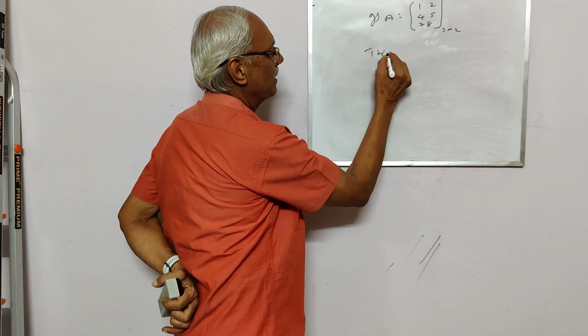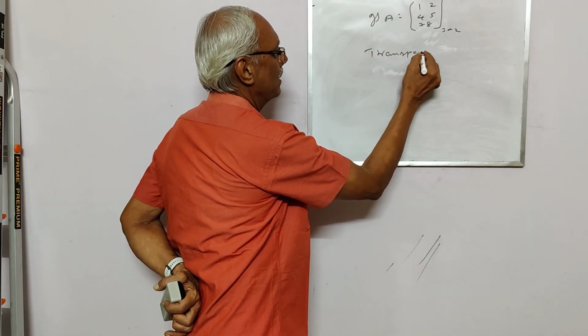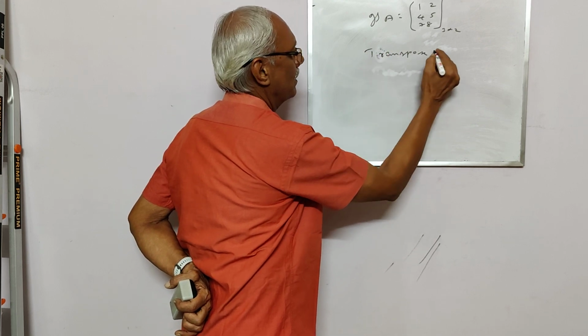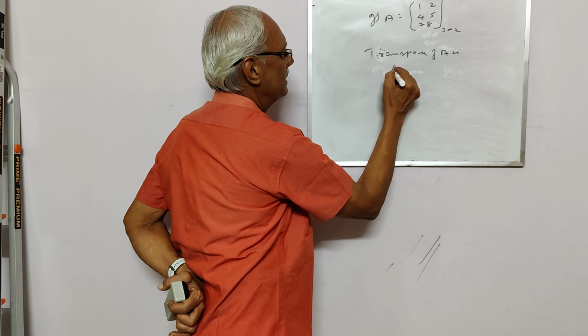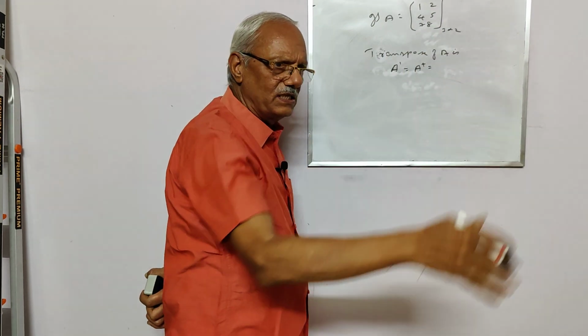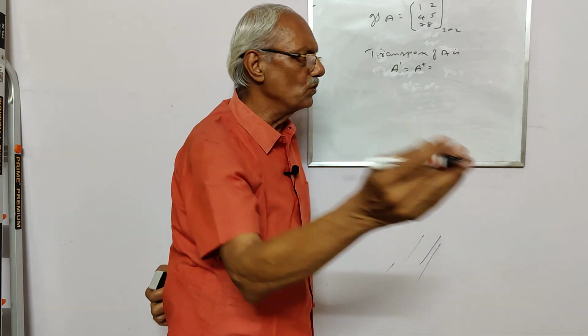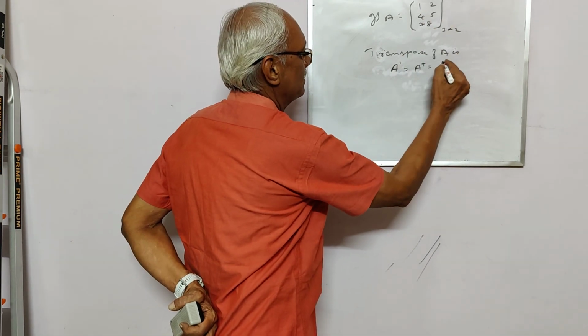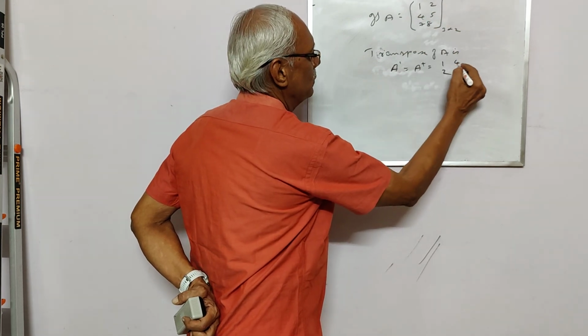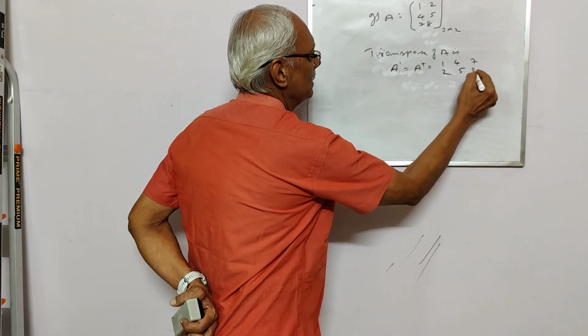The transpose of A is A dash. Change rows to columns and columns to rows. This is a row, change it to a column. This is a row, change it to a column. This is a row, change it to a column.